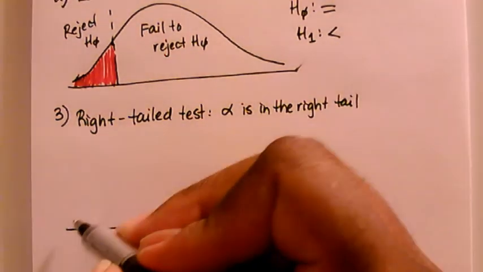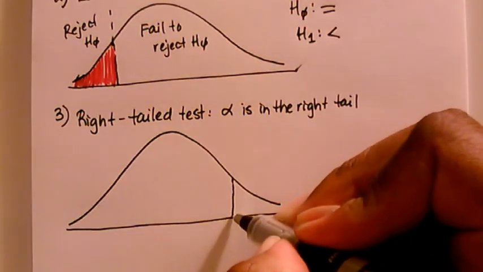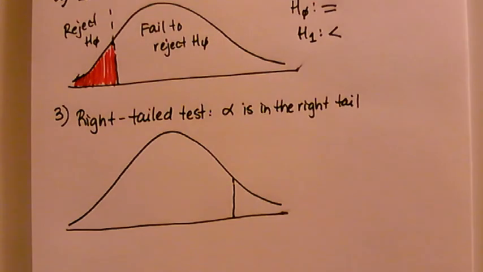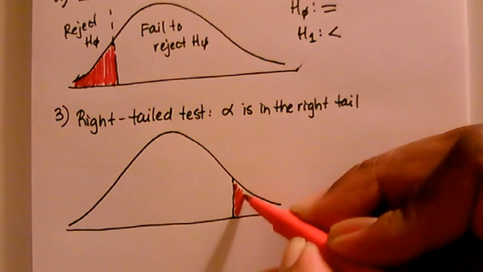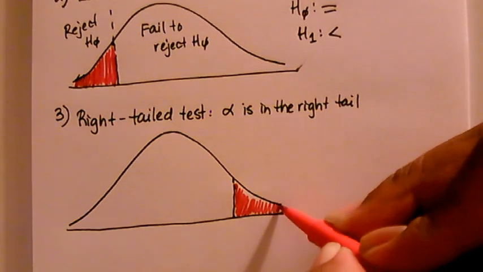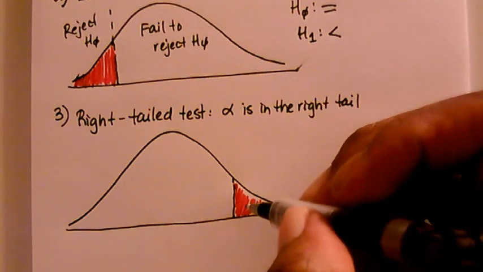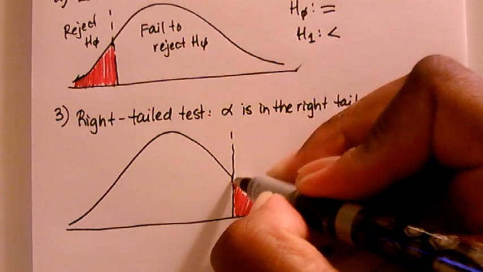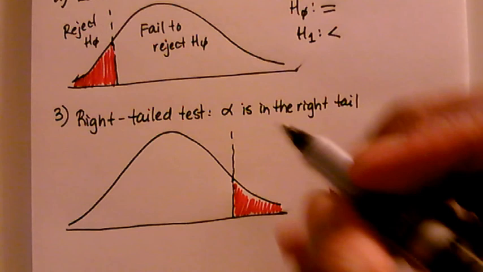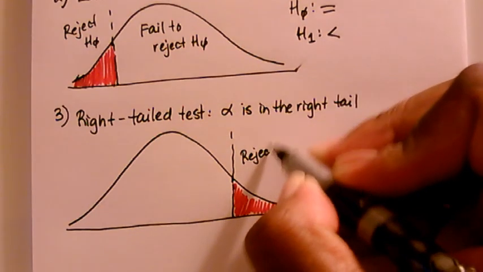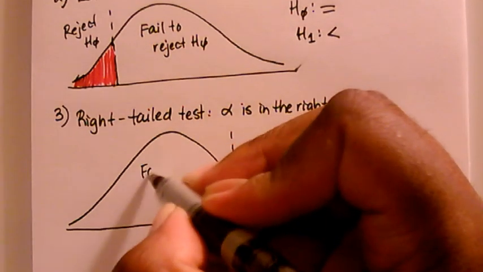So in this case here, here's the normal curve. The shaded area in red is your alpha level. If the test statistic is in this shaded area, that's the part where you reject the null. And all of this on the left, you're going to fail to reject the null.